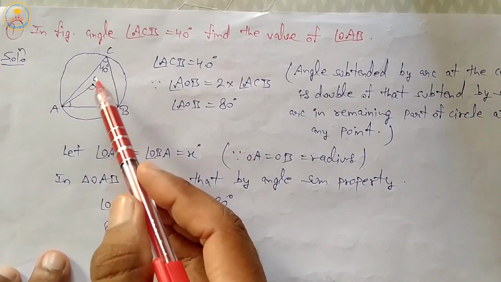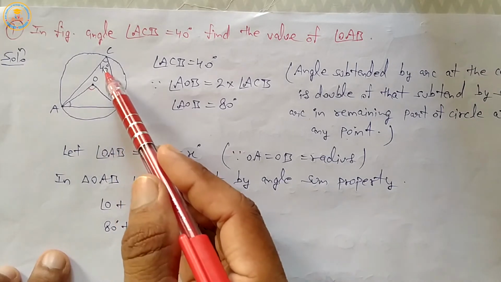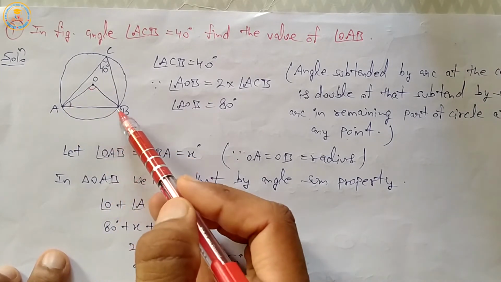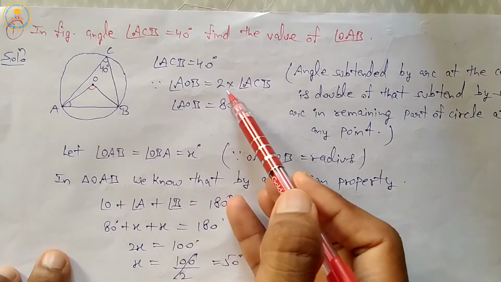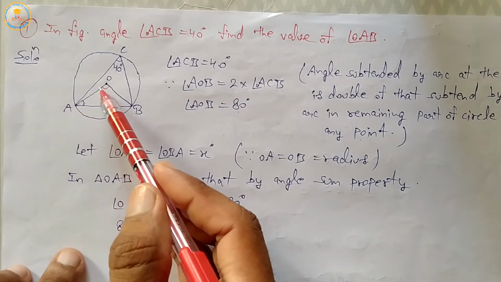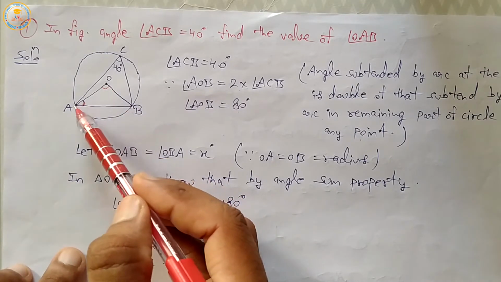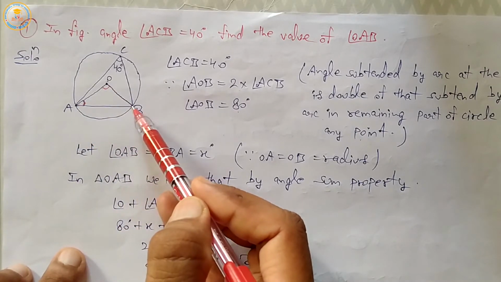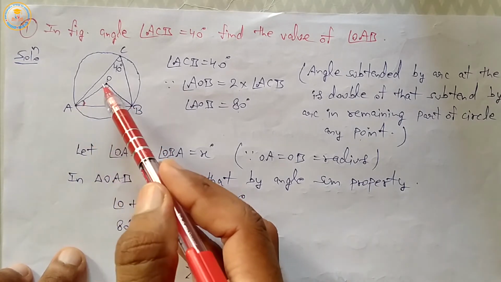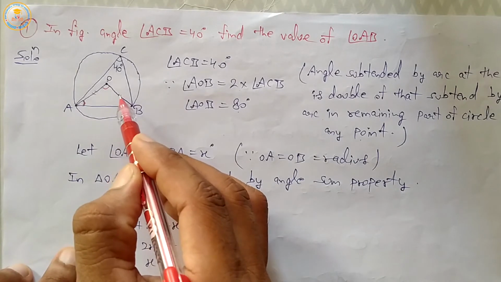So the relation between ACB and AOB: AOB is double of ACB, so angle AOB equals 2 into 40, which is 80 degrees. Okay, we calculate angle OAB. OA and OB are equal. Why? OA and OB are radii.